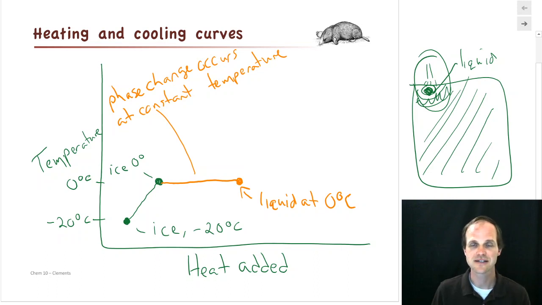While you are changing phases, temperature can't change because the solid phase can't be above that temperature, the liquid phase can't be below that temperature, and so they're stuck at that temperature where they meet as you're adding heat.